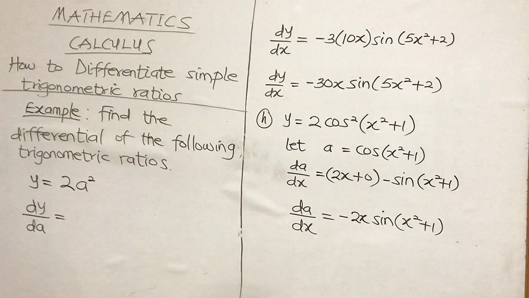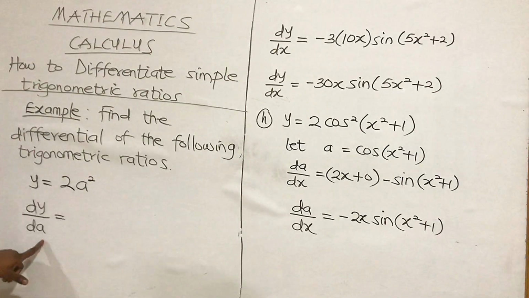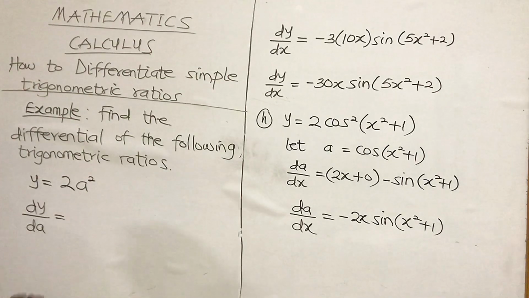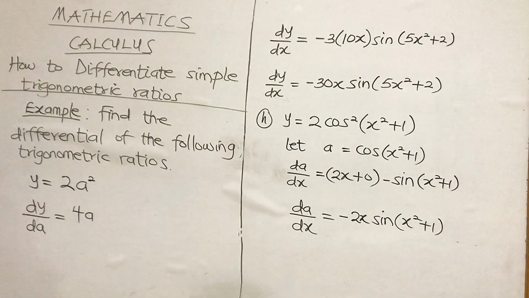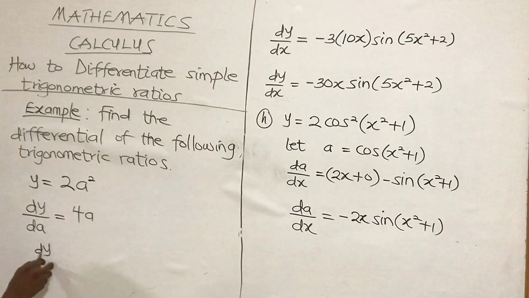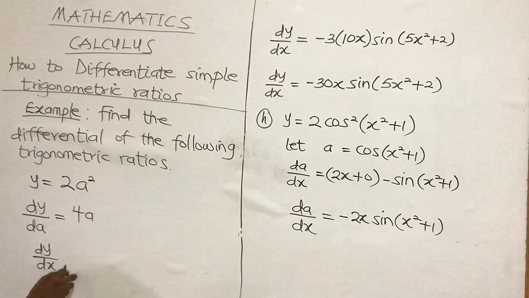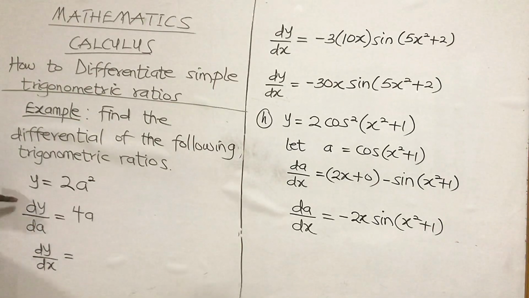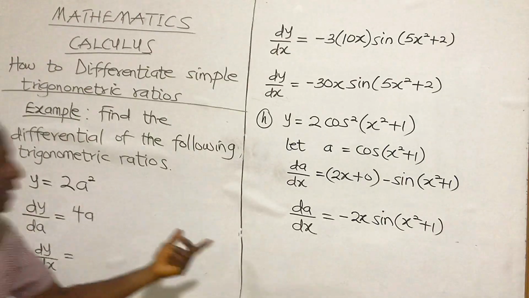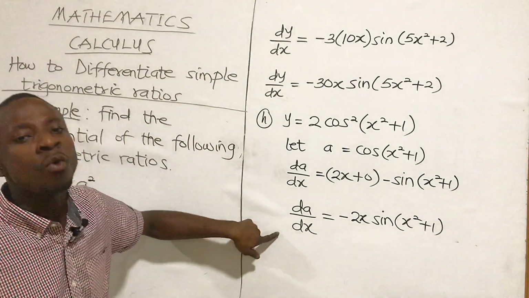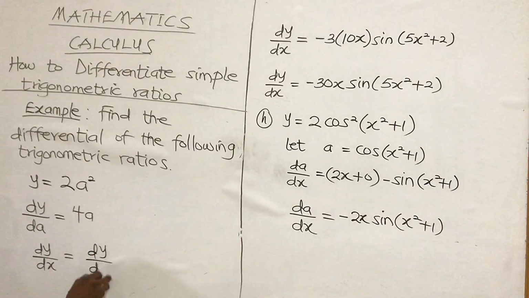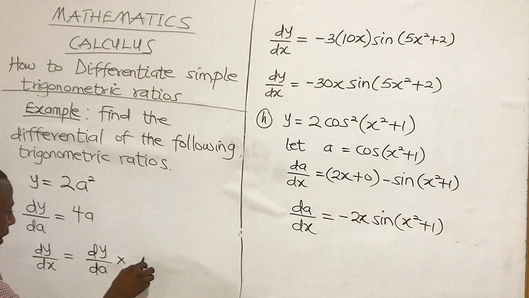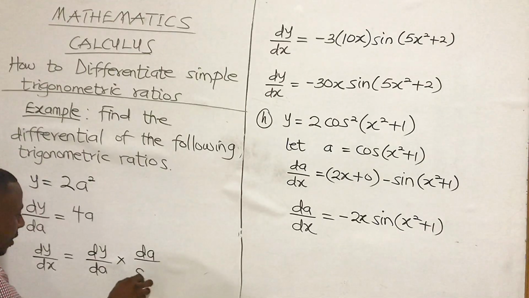We are going to differentiate y with respect to A. Is equal to, when I differentiate this, I am getting 4A. So since we have this, then dy over dx is going to be dy over dA multiplying dA over dx. So we have dy over dA multiplying dA over dx.